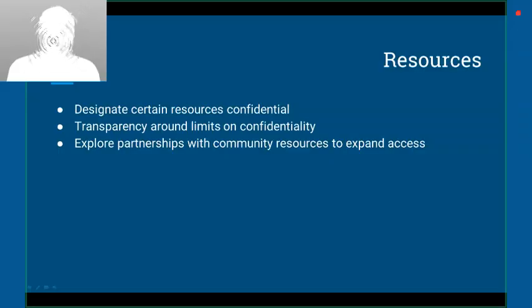Or it can be helpful to have those types of partnerships and to promote awareness among student communities of local resources, even if there are institutional resources that offer overlapping services, so that people, again, have as much choice as possible.